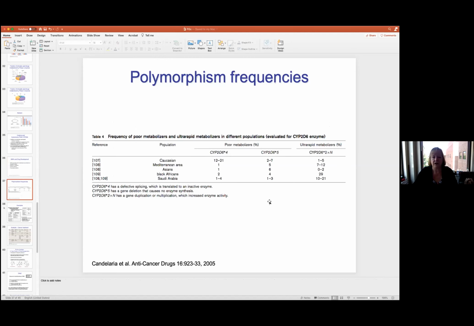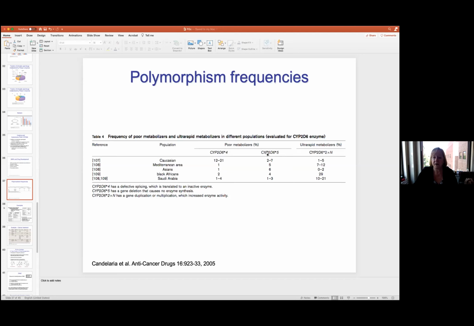So one of the things to be aware of is the ethnic background of the patients that you're looking at. So you can see that in Caucasians here, depending upon the study, between 12 and 21% have, and another additional 2 to 7% have CYP2D6 alleles that make them poor metabolizers.